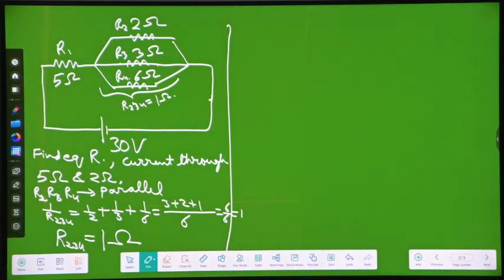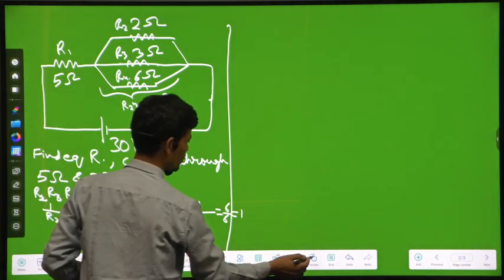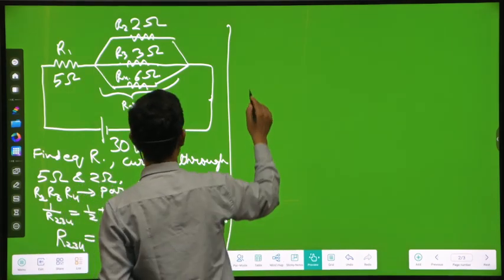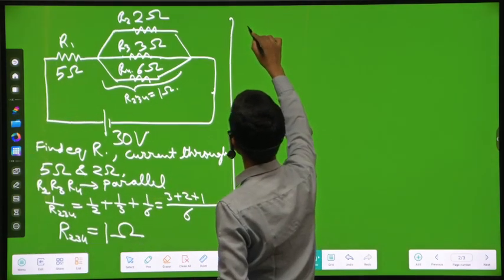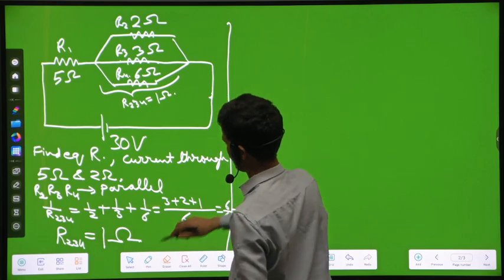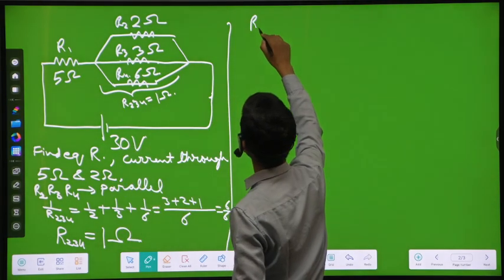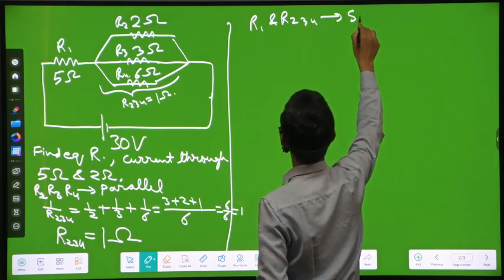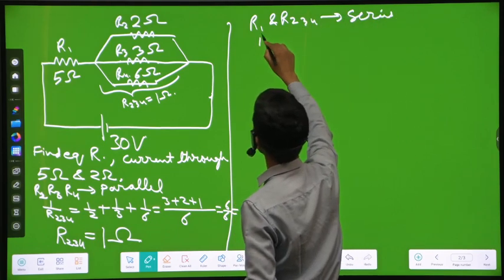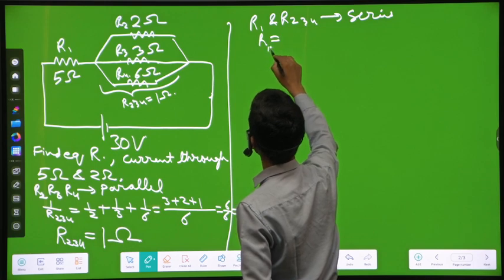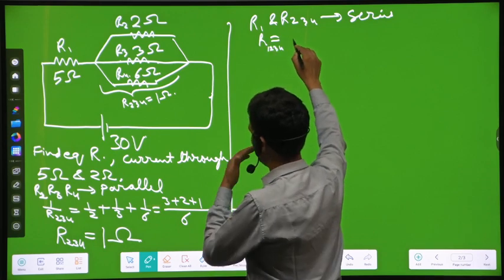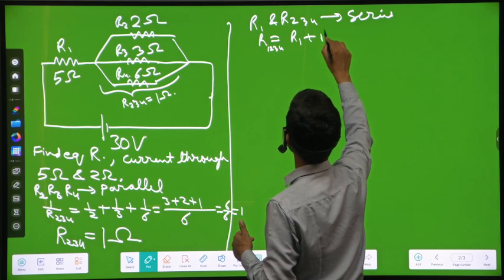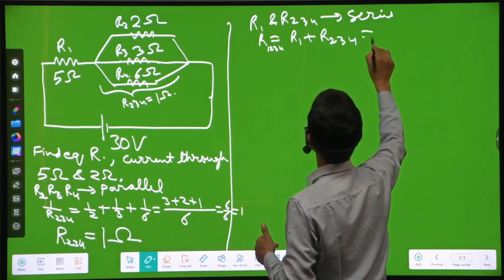Next step, R234 and R1 are in series. So R, or R1234, is equal to R1 plus R234.